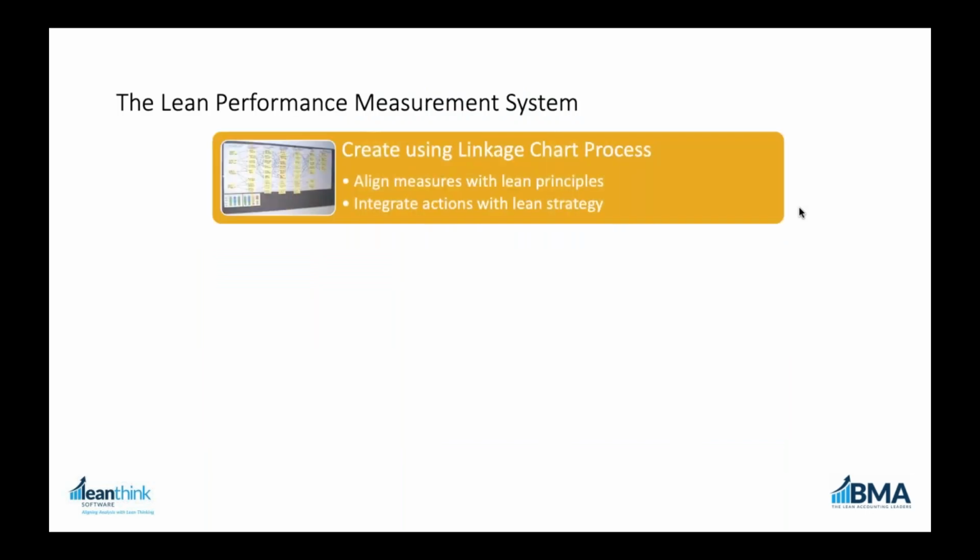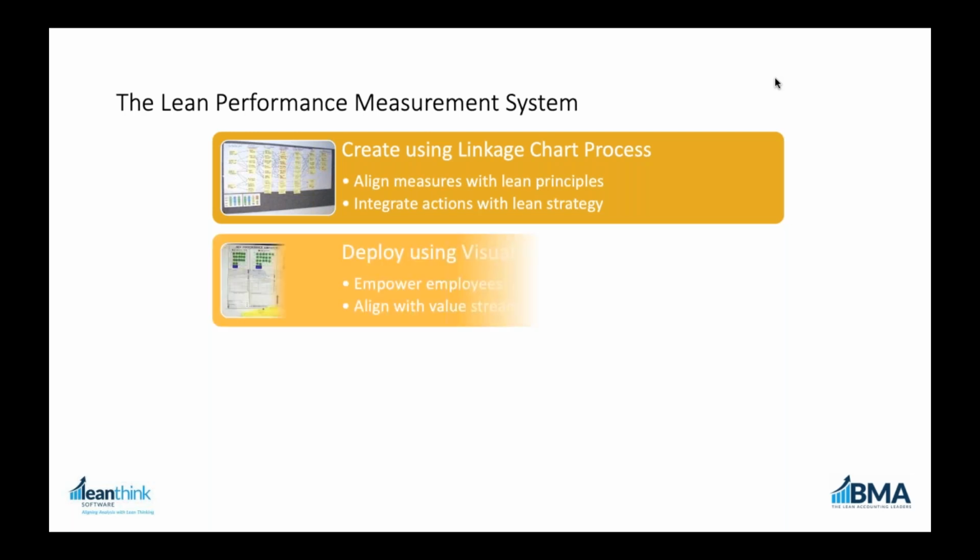So in terms of lean performance measurements, the process is quite simple. We create our lean performance measurement system using a linkage chart. So we are linking strategy to goals, to measures, and ultimately to actions. Everything gets displayed visually.